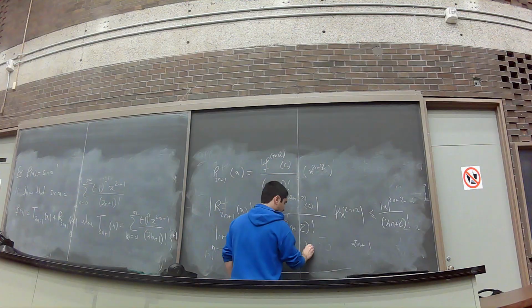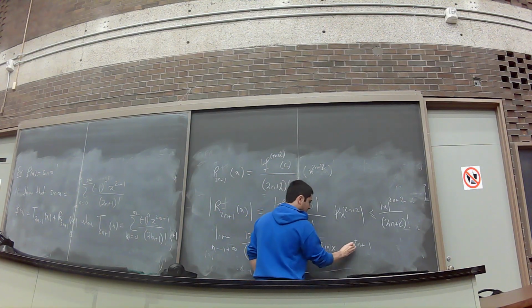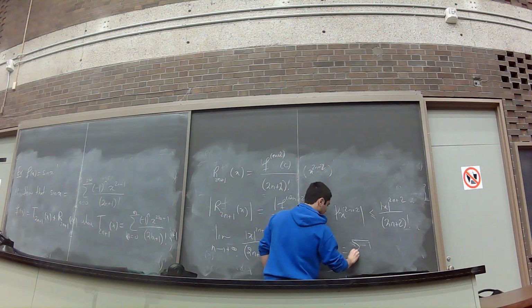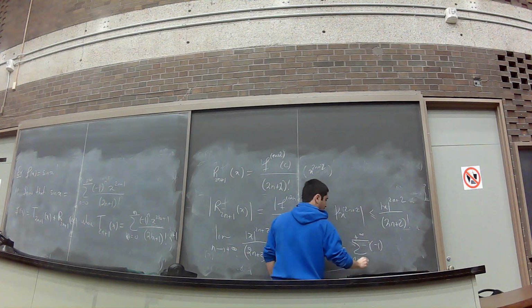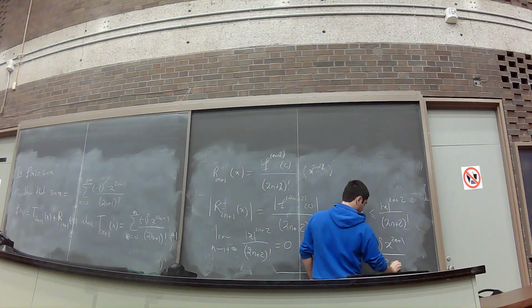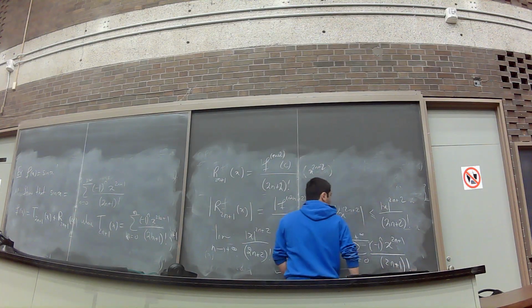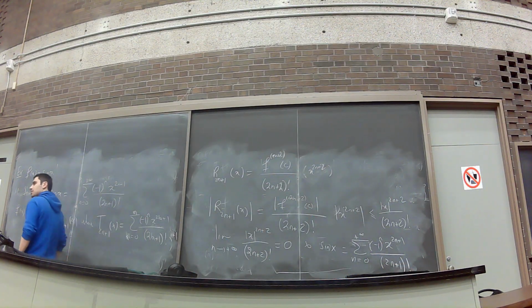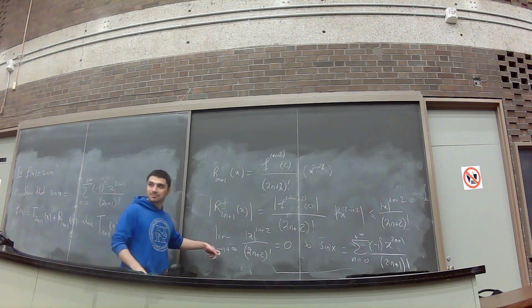So, x to the 2n plus 1. Why is the limit of this one 0?